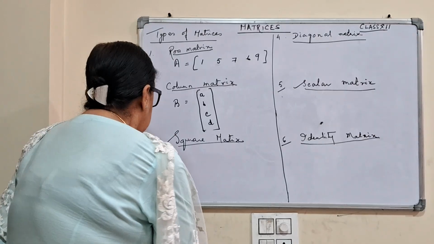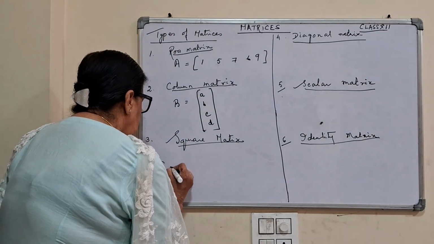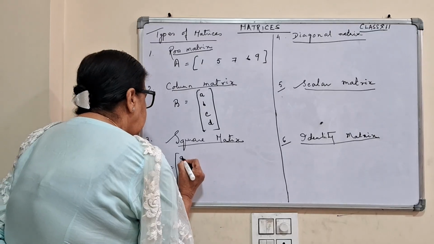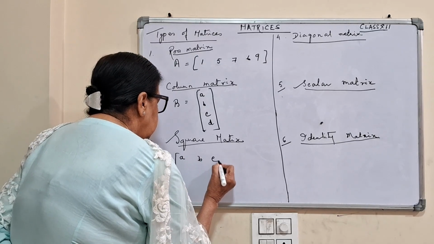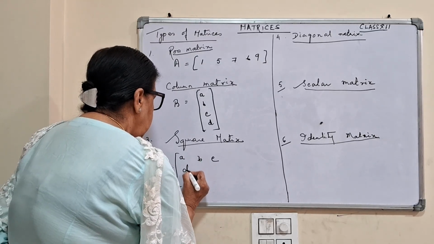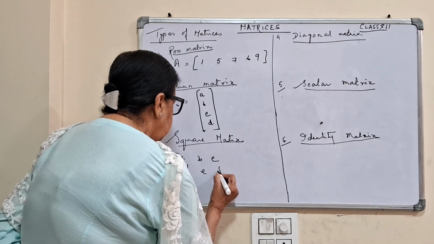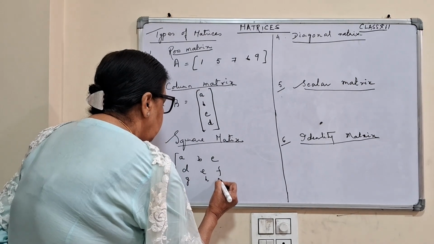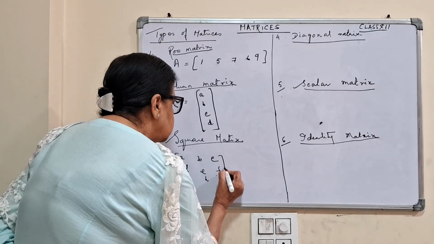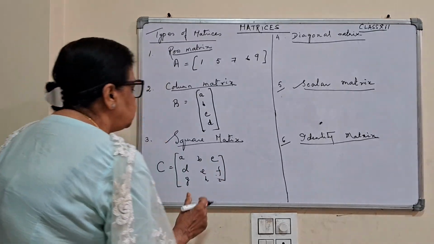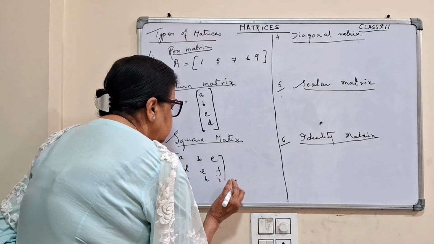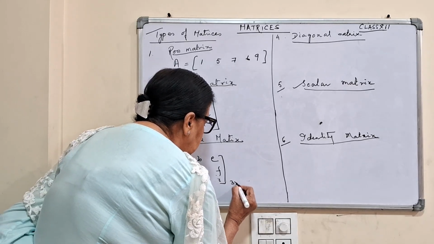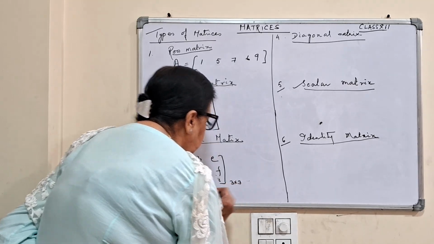Say this is C, with A, B, C, D, E, F, G, H, I. This is 3 into 3, that is 3 rows, 3 columns.